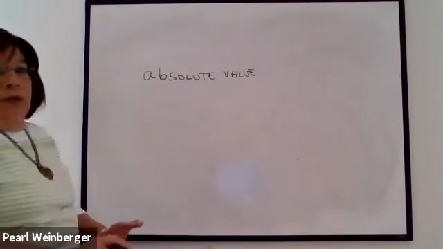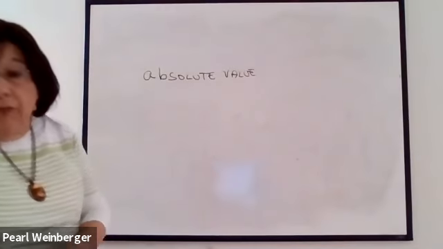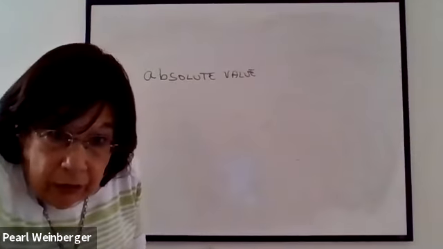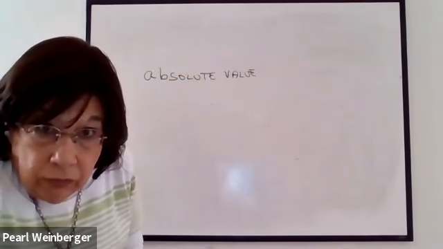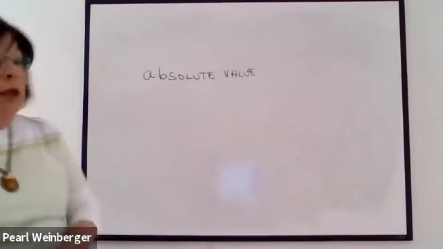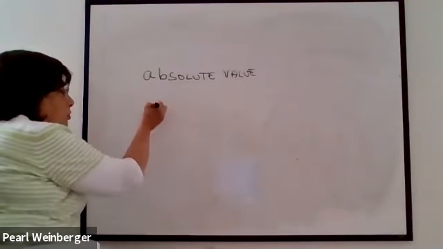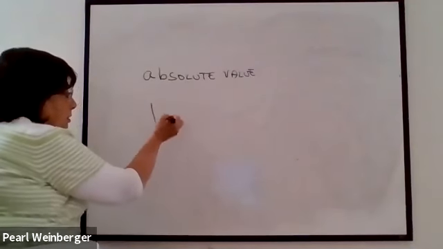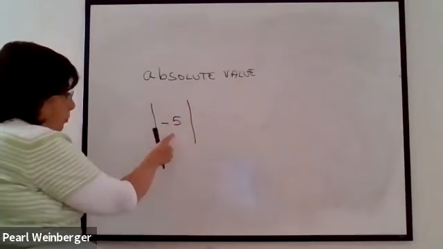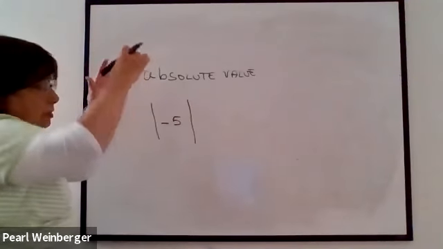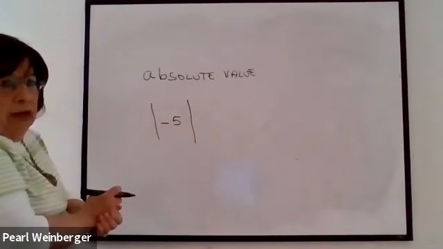Before I do absolute value equations, let me just talk about what we mean by an absolute value. Occasionally you will see something that looks like this: a number enclosed, instead of parentheses, in two straight lines.